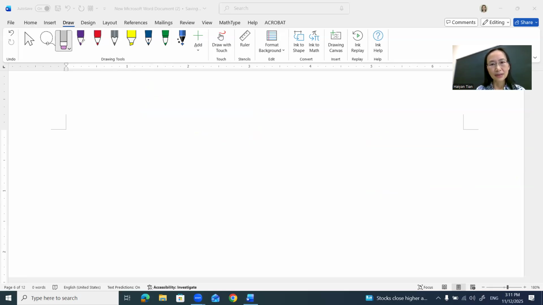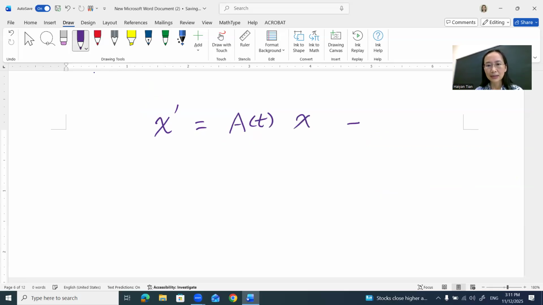So let's think of our non-homogeneous problem. We're going to write x prime equals, and now add a certain vector b. b of t is not necessarily 0. When it's not 0, it's a non-homogeneous problem.